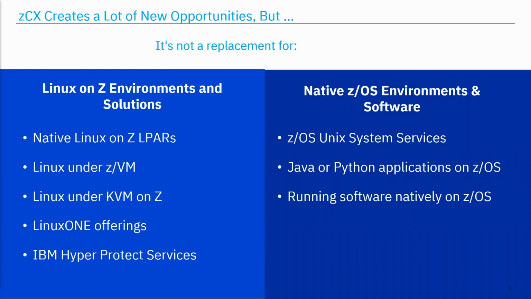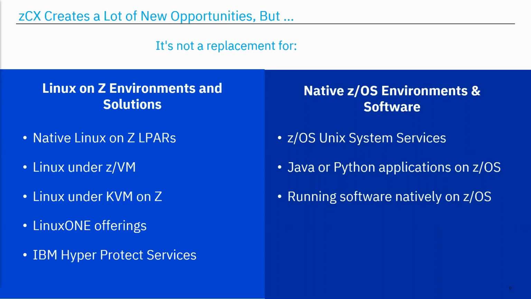if I have no interaction with zOS, and you can think of Linux as the endpoint, I have an end user talking to a Linux application and it never touches zOS. In this case, it may not be the most efficient use of resources to deploy on zCX. You certainly could, and if you have only one Linux application and you don't want another Linux LPAR, you can stand up zCX to run those workloads.